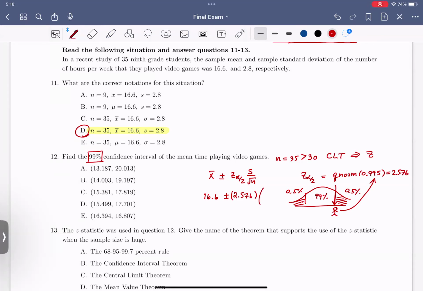And then S is 2.8, and n is going to be square root 35. All right. And this is going to be the final answer for this question.